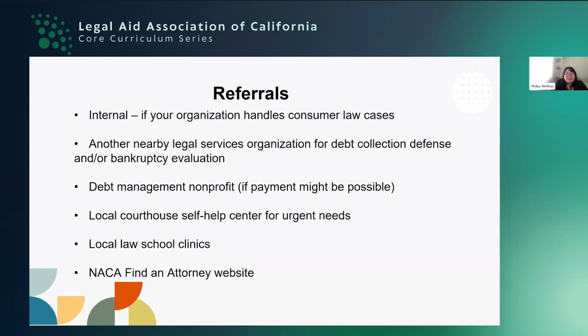Local law school clinics. So here in San Diego, we have a couple different law school clinics that handle consumer issues, so you may want to look out for those. And also, there is an organization with just consumer lawyers, the National Association of Consumer Attorneys. They also have a Find an Attorney website.